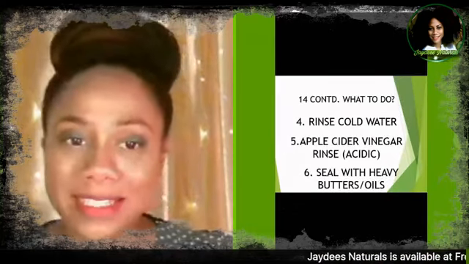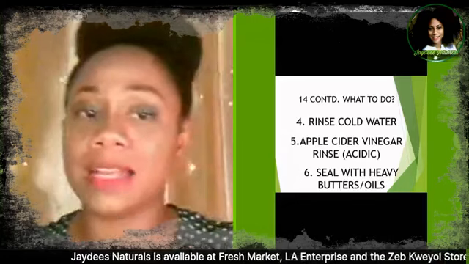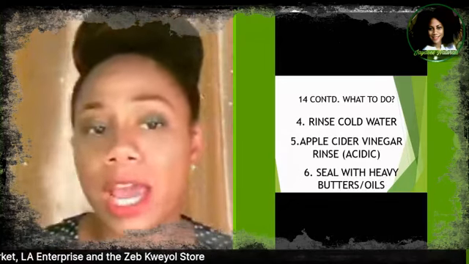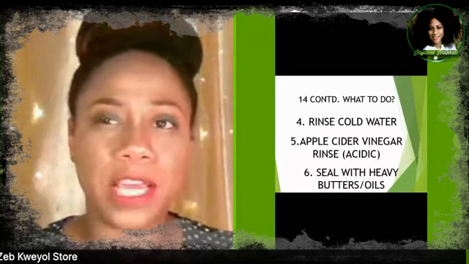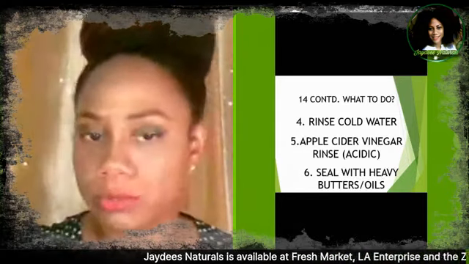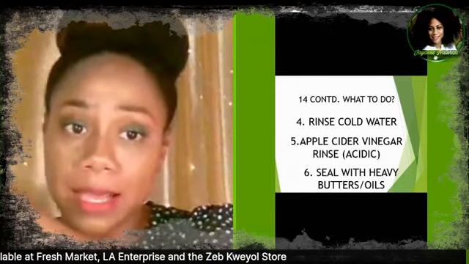So what cold water does, now we're going to go into the pH of water and how pH levels affect your hair. Your hair normally is pH 4.5 to 5.5. Now we know the pH scale: 7 is neutral, 1 to 7 is the acidic side, and 7 to 14 is the alkaline side.